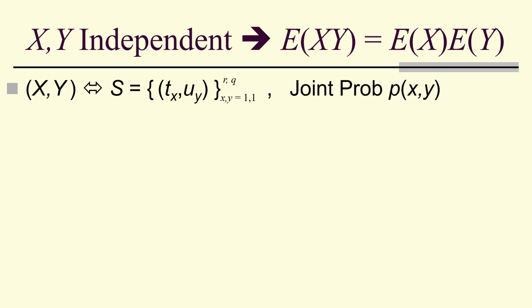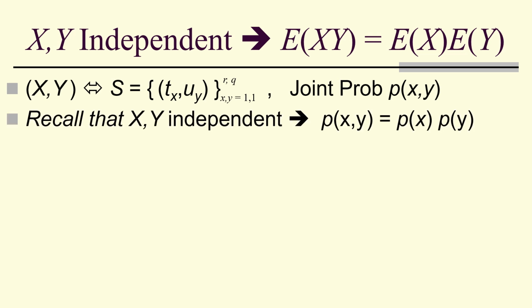So if x and y are independent, then we can show that the expected value of the product is the product of the expected values. So we'll have a joint probability distribution for the x and the y. If they're independent, the joint probability distribution is the product of the marginals. So let's prove our theorem.